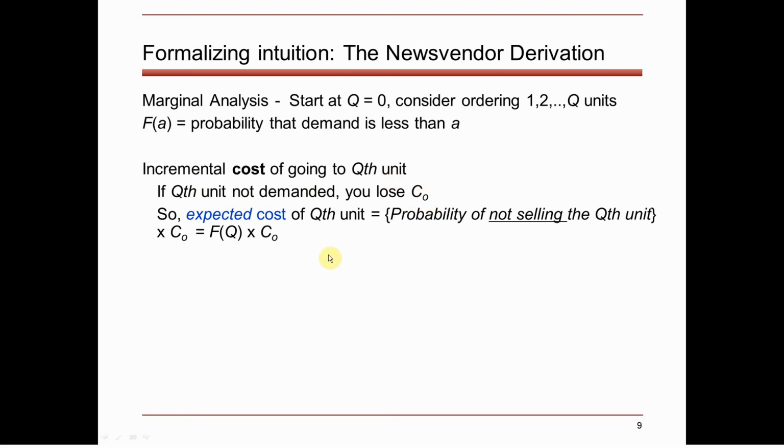So the expected cost of the Qth unit is going to be the probability of not selling that unit, how likely it is that we don't sell that Qth unit, times how much we lose, which is CO. In other words, F of Q times CO. Remember, F of a is the probability demand is less than a, right? So, in other words, the Qth unit is not demanded, so F of Q would be the probability that we sold Q or less.